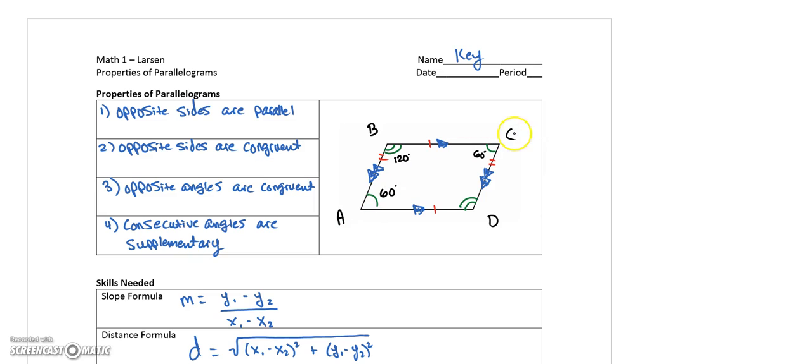And we can see that by doing that, I also find that A and C are congruent, which I knew was going to be the case anyway. B and D are opposite, so D has to also be 120. And then you can see that D and C, as a result of that, are supplementary. D and A are also supplementary.